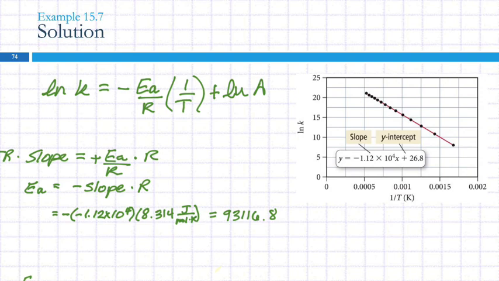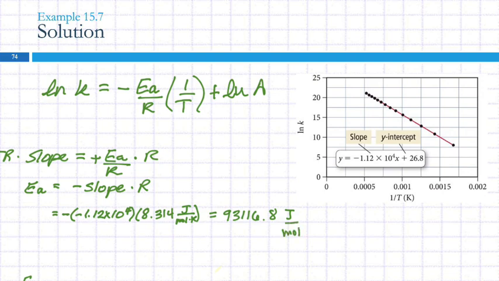What would the unit on that be? Joules. So this slope is the rise, the natural log of K, over the run, which is 1 over the T. And so this really ends up being joules per mole.